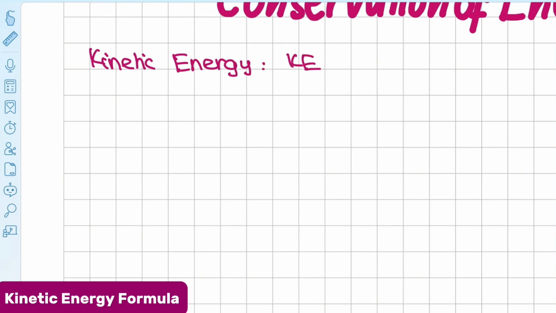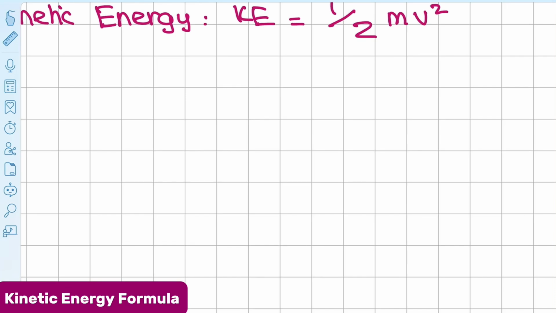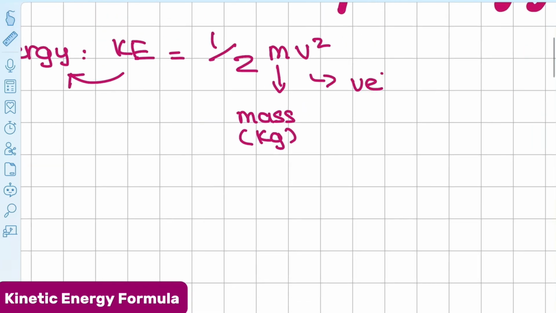KE is equal to 1/2 mv squared, while KE is kinetic energy, m is mass of the object, v stands for the velocity of the object.